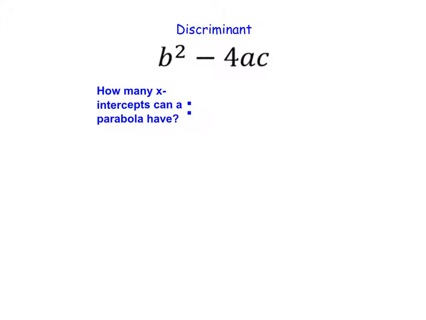So before we move forward with predicting how many solutions a parabola or a quadratic equation will have using the discriminant, let's talk about how many x-intercepts a parabola can actually have. So here I'm going to draw a set of axes, and first I know that a quadratic equation could have two solutions.